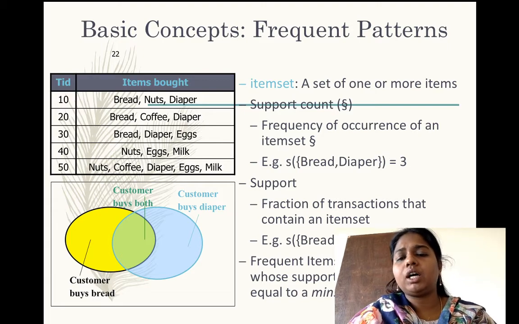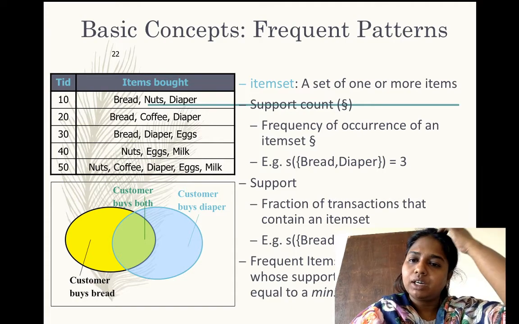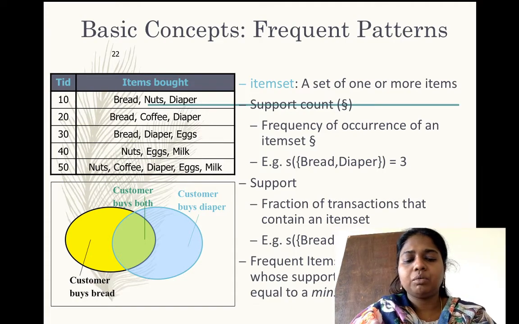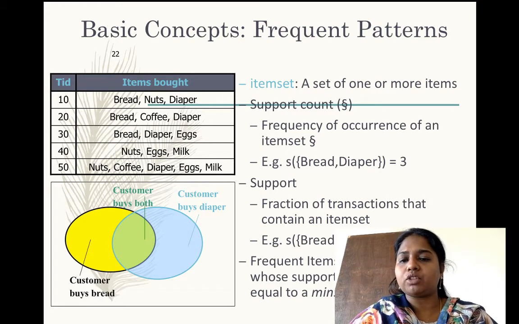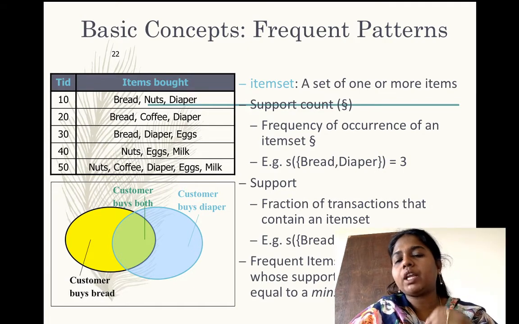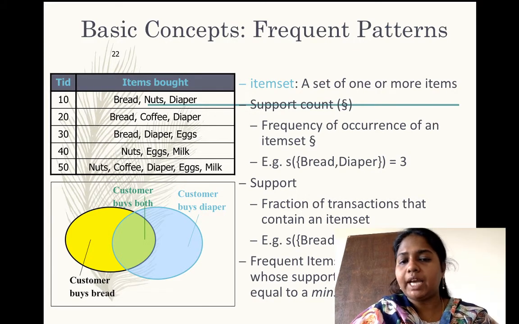So for a stationery store, bread and diaper, these are continuously bought products. But imagine I do this analysis for Maruti group of cars. I have lots of cars being purchased, and some of the accessories that are purchased along with that.